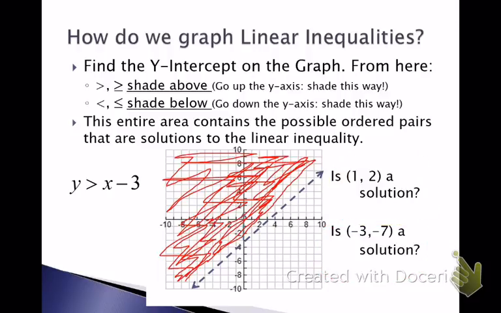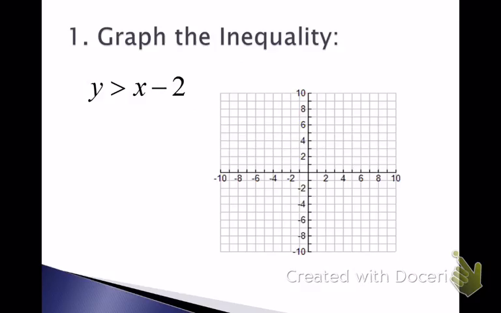We did that already above, but we could go check that out. 1, 2 is this point right here, which is in the shaded area, so it is going to be a solution. -3, -7 is right here, which is not in the shaded area, so it's not going to be a solution. Okay? So, let's put this all together and start graphing these guys.